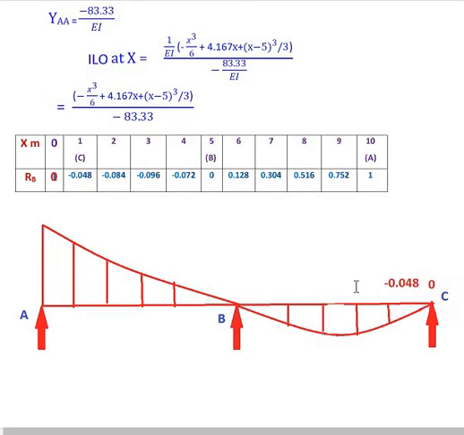So at this point the value is minus 0.084. At 3 meter distance the value is minus 0.096, and then at 4 meter the value is minus 0.072. At the support B the value is 0.